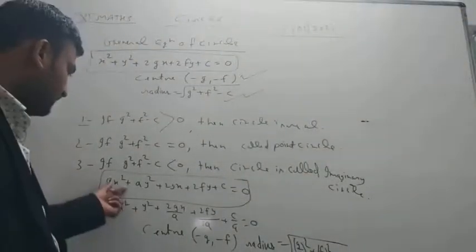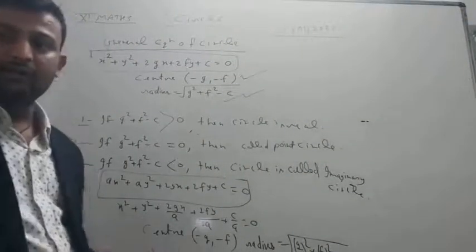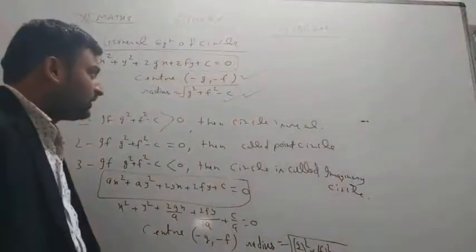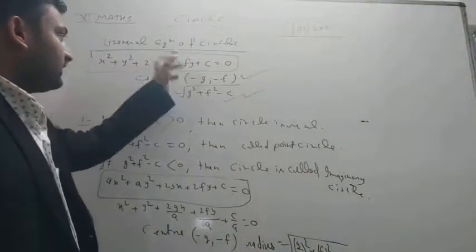It means we take the common factor out from here and then we find the radius and center of the circle. Okay student, so this is the standard general equation of circle.